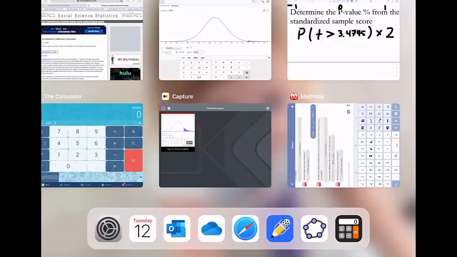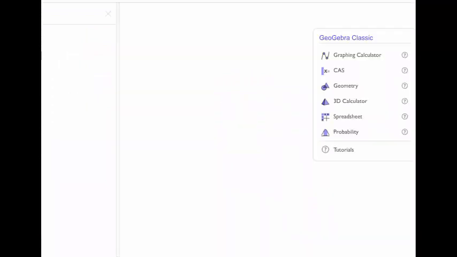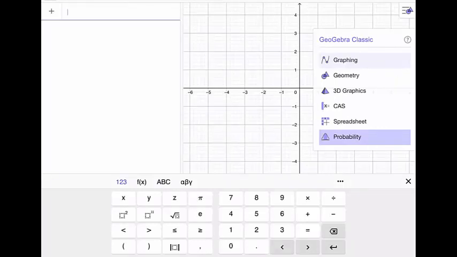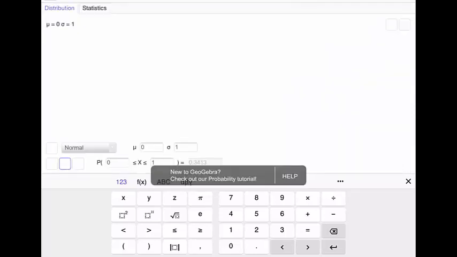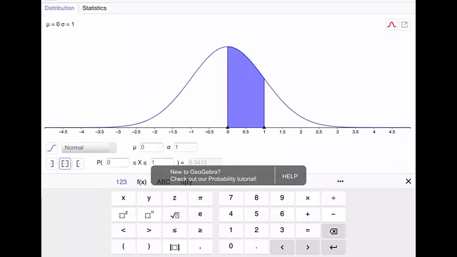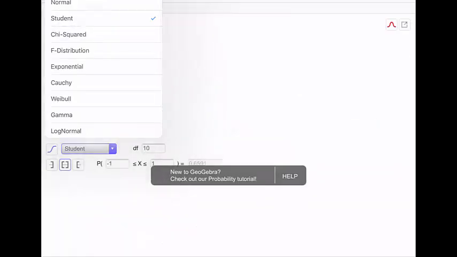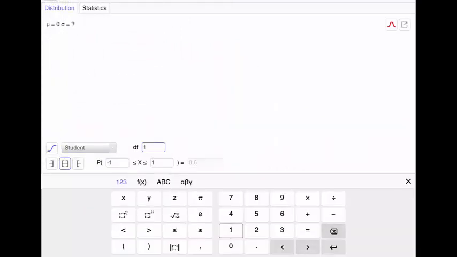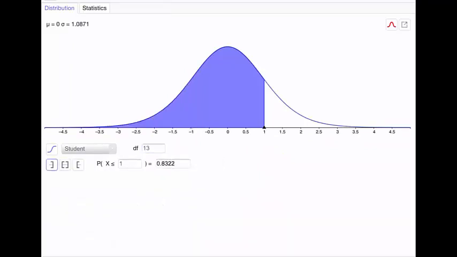Let's jump back over to GeoGebra and find that probability. Okay, there we're at the student T. Got our 13 in there.